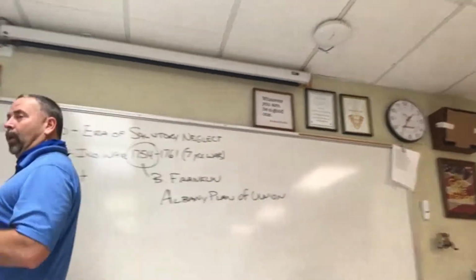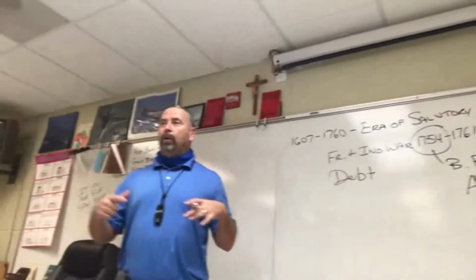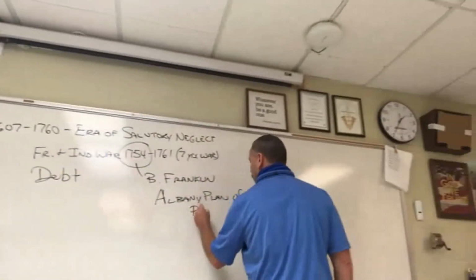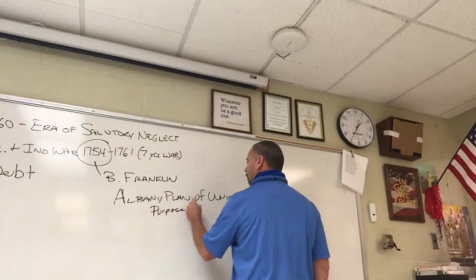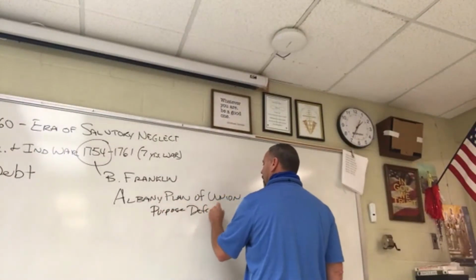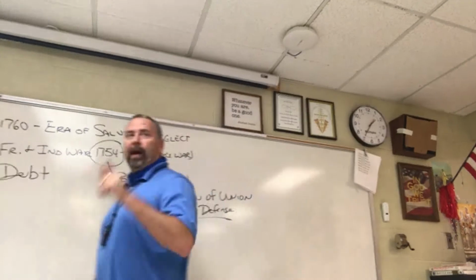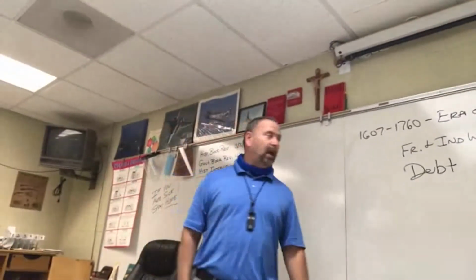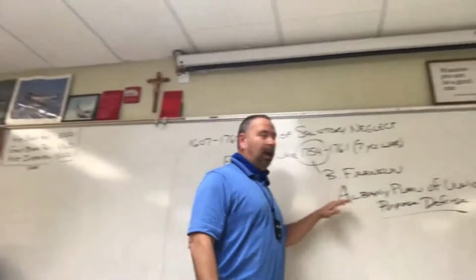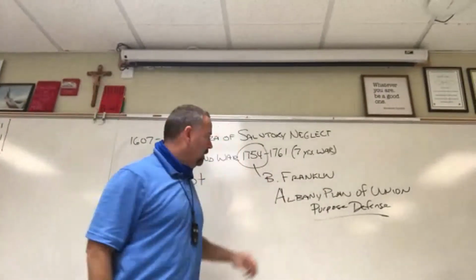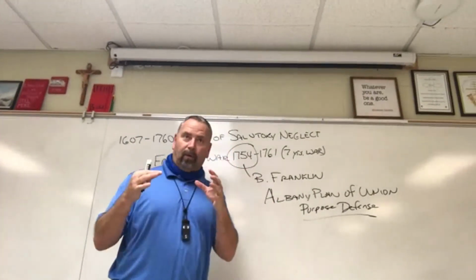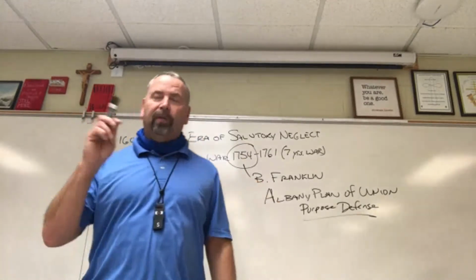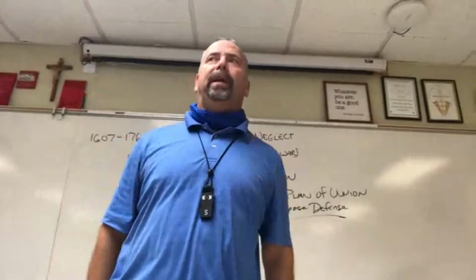Okay, and what he proposed is that they form a union of the 13 colonies for the purposes of defense. This failed. Okay, on a couple fronts. Some of the colonies didn't like it because they didn't want to hand control to a bigger body. They wanted to remain control of their own colonies, and the British didn't like it either. Okay, but it was the first attempt to unify the 13.